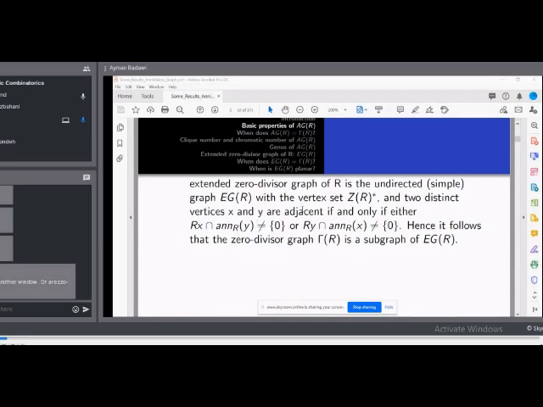It has the same set of vertices, but we change the condition: two vertices x and y are connected by an edge if and only if Rx, the ideal generated by x, intersected with the annihilator of y is not zero, or the ideal generated by y intersected with the annihilator of x is not zero.